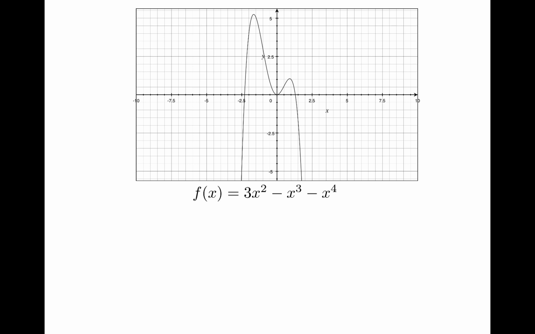What does that mean? You can see that there are two peaks of this function, but one peak is greater than the other peak.